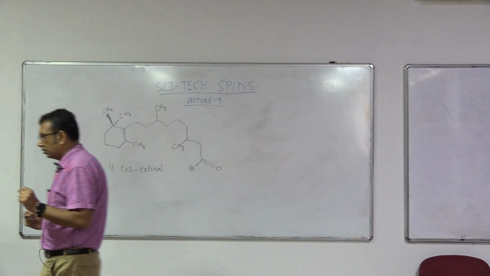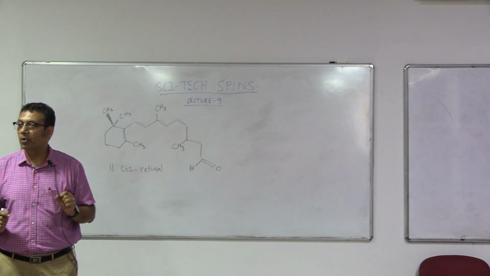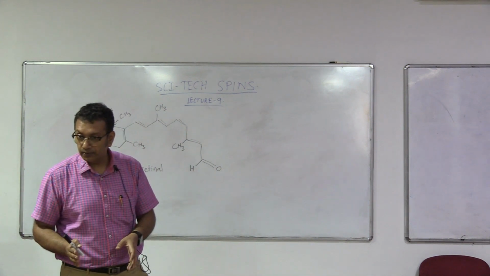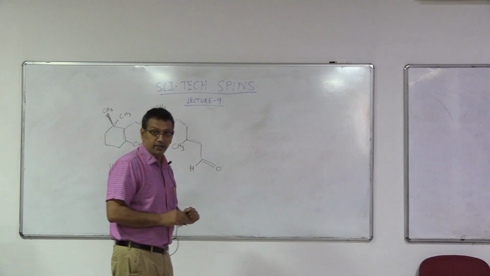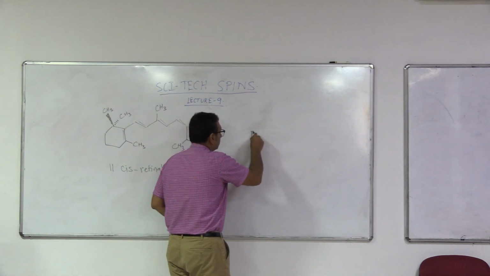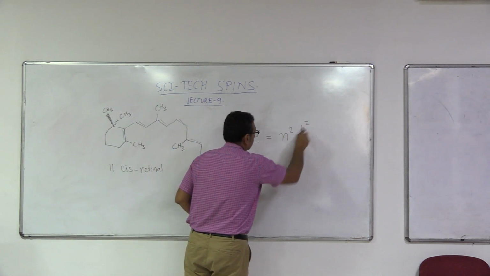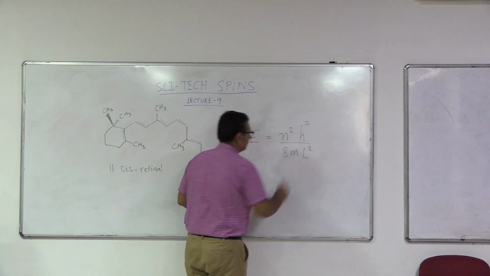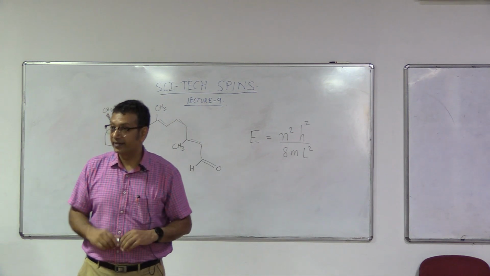What you should know from the particle in a one-dimensional box model, which is the first thing you will ever study when you study quantum chemistry or quantum physics, is that the energy levels are quantized.